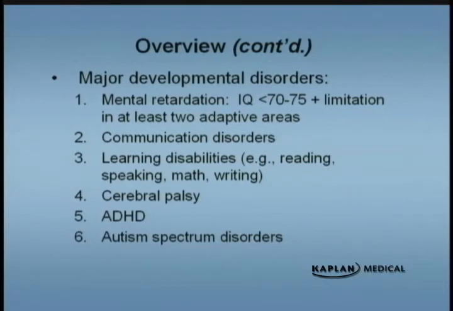There are learning disabilities, such as a patient may just not be good in doing math or may not be good at doing reading analysis, just weak in one subject. That doesn't necessarily mean mental retardation, but it is a learning disability. Other areas of development include cerebral palsy, and certainly we're going to discuss attention deficit hyperactivity disorder with the behavioral and psychological disorders, and we'll also talk about autism spectrum disorders.